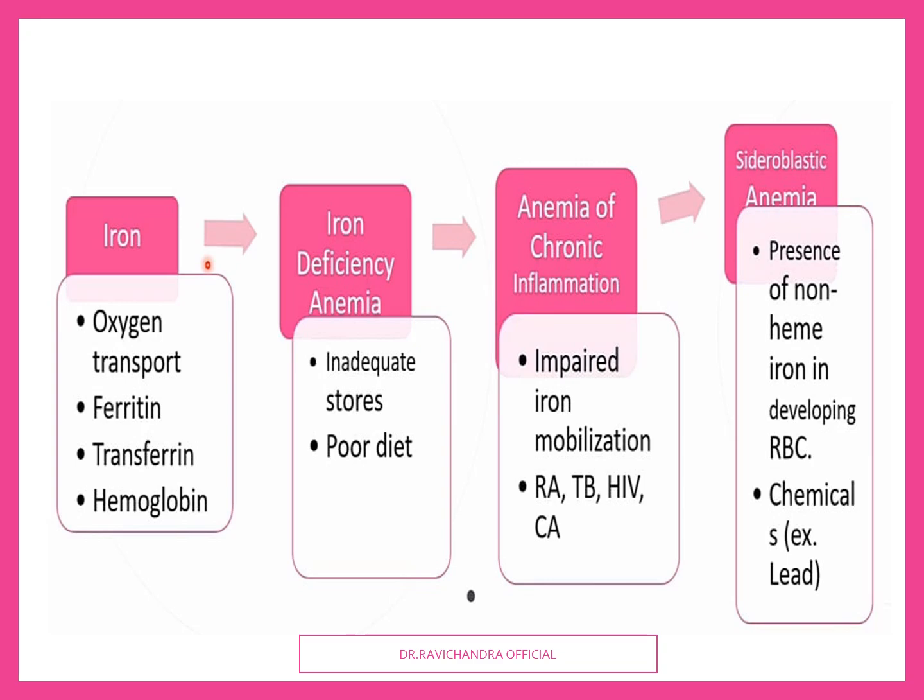In iron deficiency anemia, there will be inadequate stores, and because of a poor diet, iron deficiency anemia will be caused. Impaired iron mobilization in chronic diseases like rheumatoid arthritis, tuberculosis, HIV, and carcinomas will cause anemia of chronic inflammation. Presence of non-heme iron in developing RBCs when chemicals like lead poisoning occur will cause sideroblastic anemias.